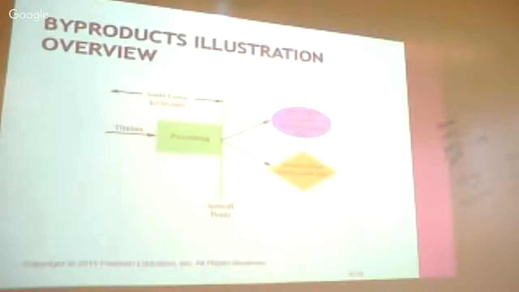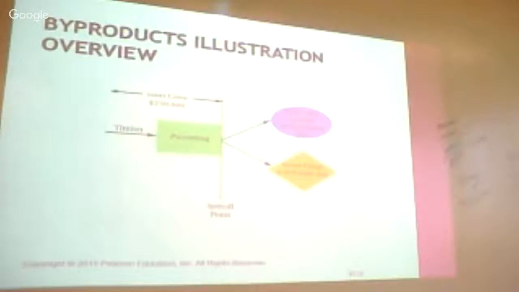So, we have the joint cost of timber. We're talking about timber now. Joint cost of $250,000. We have the split-off point. We have 50,000 board feet of fine grade lumber, and then of course we have the wood chips: 400,000 cubic feet of wood chips, because when you saw wood, what happens?